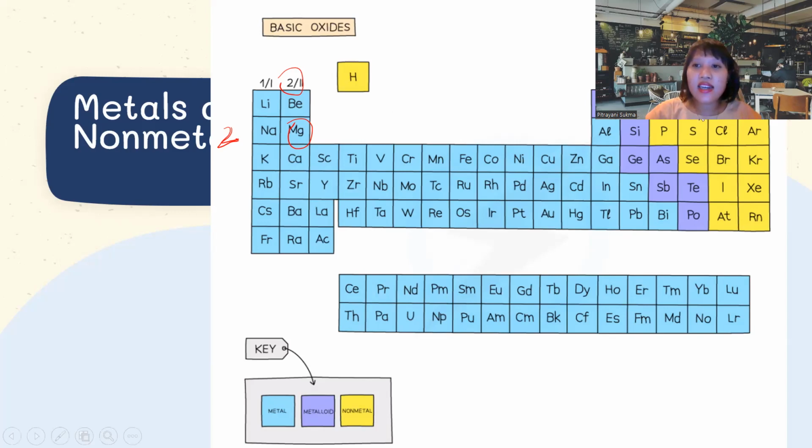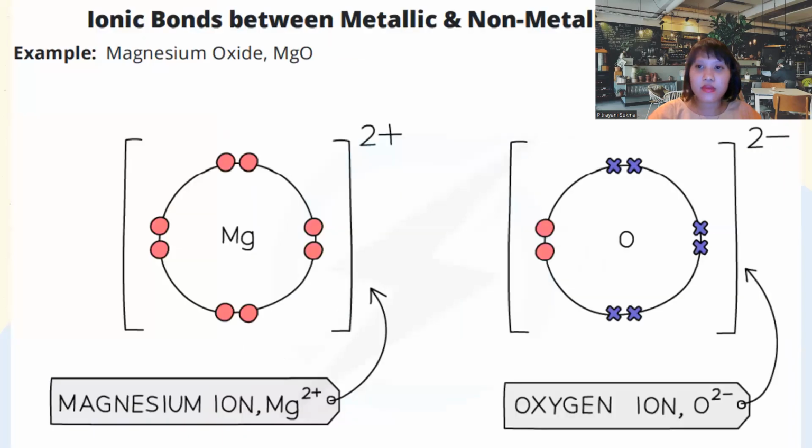And then oxygen has 6 valence electrons. In order to be more like the noble gases, it can gain 2 electrons to become 8 electrons, so its outermost shell becomes full. We can see here that magnesium can lose 2 electrons, so the first shell becomes full and it becomes more stable.